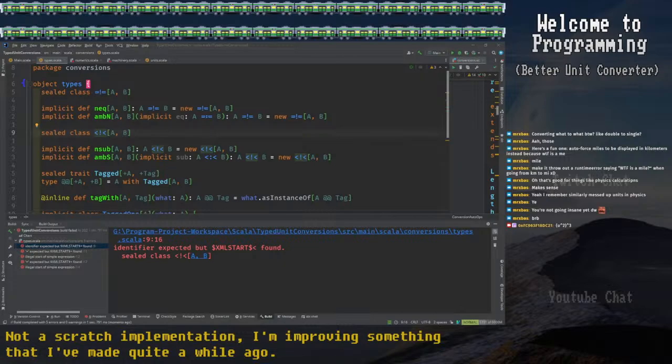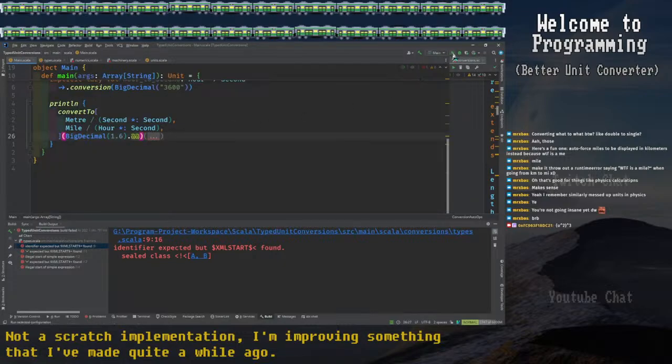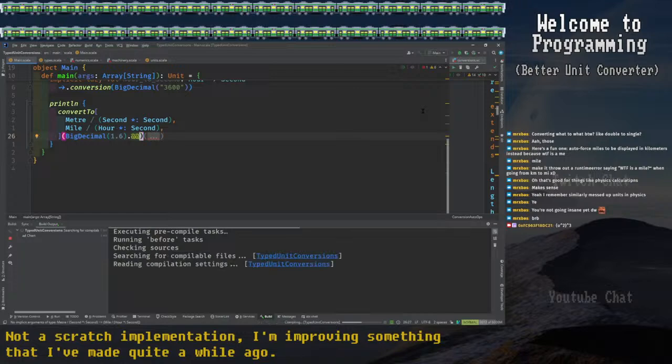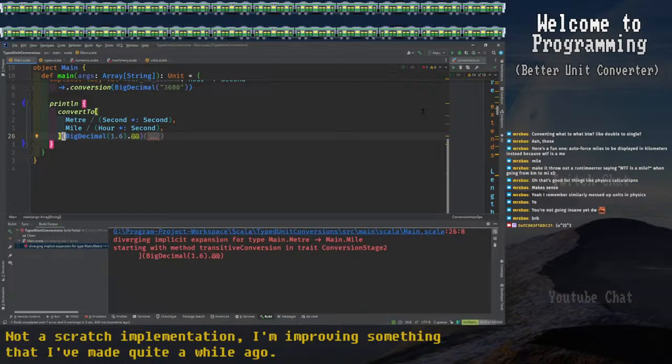Is this thing still working? Yeah, sure is. Alright, fine. You won't let me use this as an identifier, I'll use that. Diverging implicit expansion from meter to mile. Oh god, this is pain.